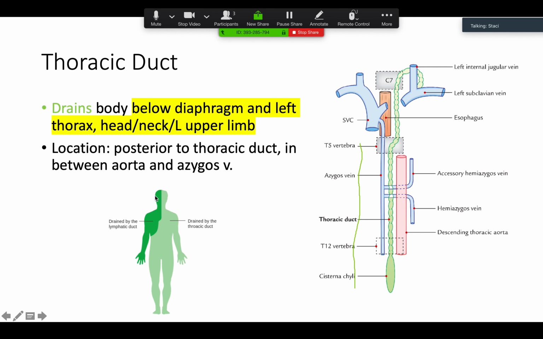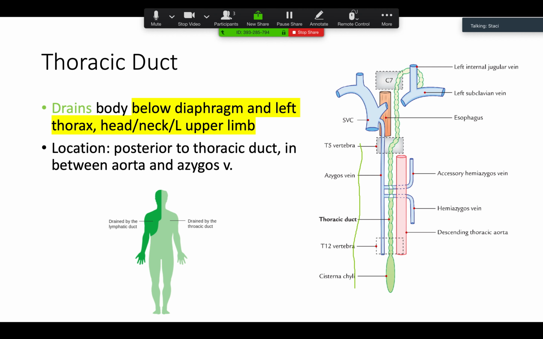But everything else in this dark green area is drained by the right lymphatic duct. The location of the thoracic duct is posterior, in between the aorta and the azygos. So in lab, don't cut this out. Even though you cut out a lot of lymph and stuff, keep the thoracic duct there. I accidentally cut that out last year, but it was okay.